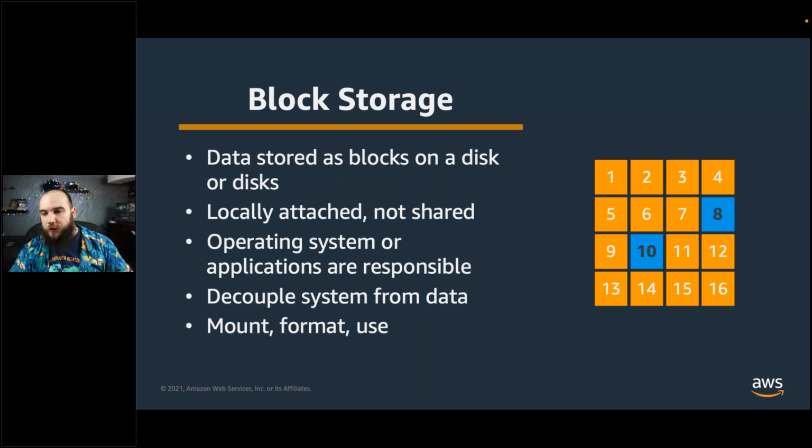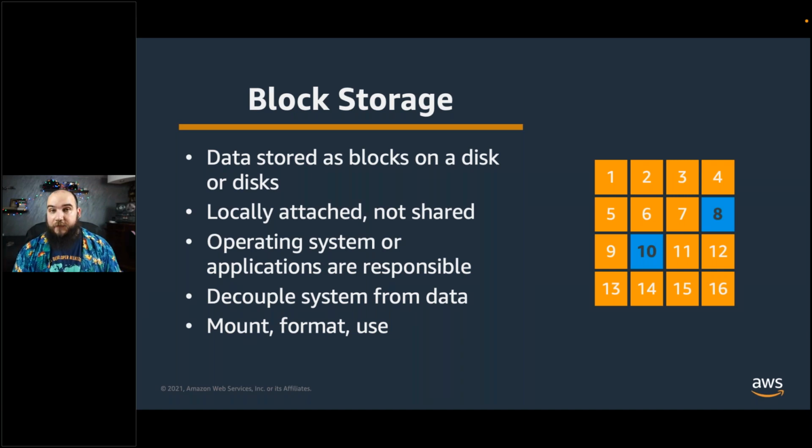Data is stored in blocks on the disk. It's physically stored on the disk, and the operating system, the Linux or Windows you're running, is responsible for writing things on that disk. It uses local operating system calls to write to a file system contained on that disk. It's your typical case: you mount the disk, you format it, you use it.